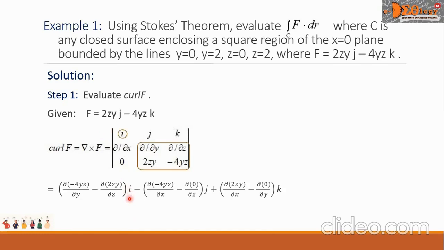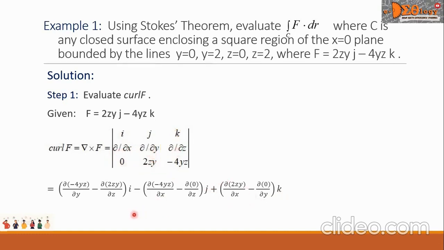For component i, we have this partial derivative of negative 4yz with respect to y minus partial derivative of 2zy with respect to z, minus, for the component j, multiplied partial derivative of negative 4yz with respect to x minus partial derivative of 0 with respect to z, plus the component k multiplied partial derivative of 2zy with respect to x minus partial derivative of 0 with respect to y.